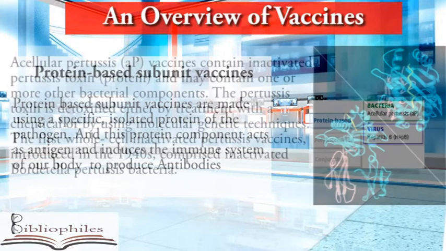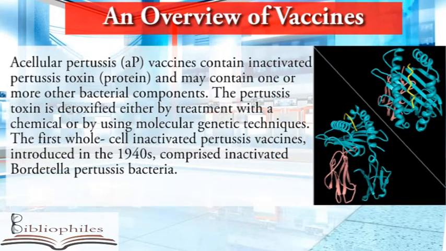See, the first whole cell inactivated pertussis vaccines introduced in the 1940s comprised inactivated B. pertussis bacteria. Although very effective, whole cell pertussis vaccines frequently caused minor adverse reactions such as fever and swelling at the injection site, and this caused many people to avoid the vaccines.